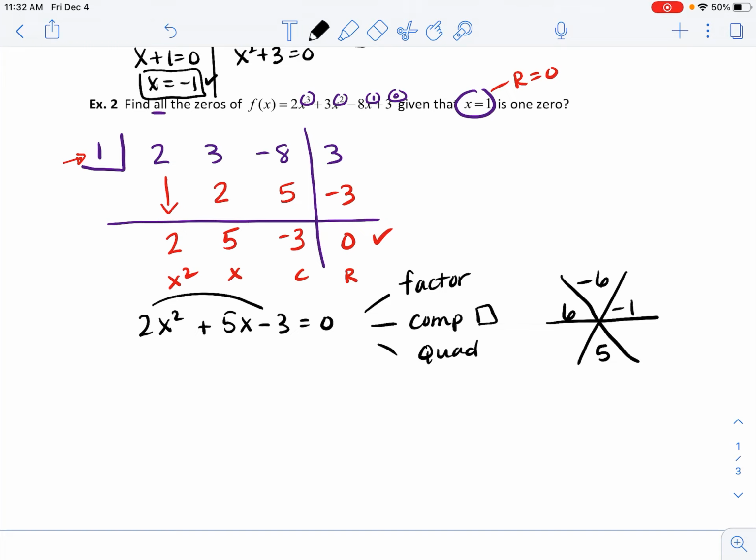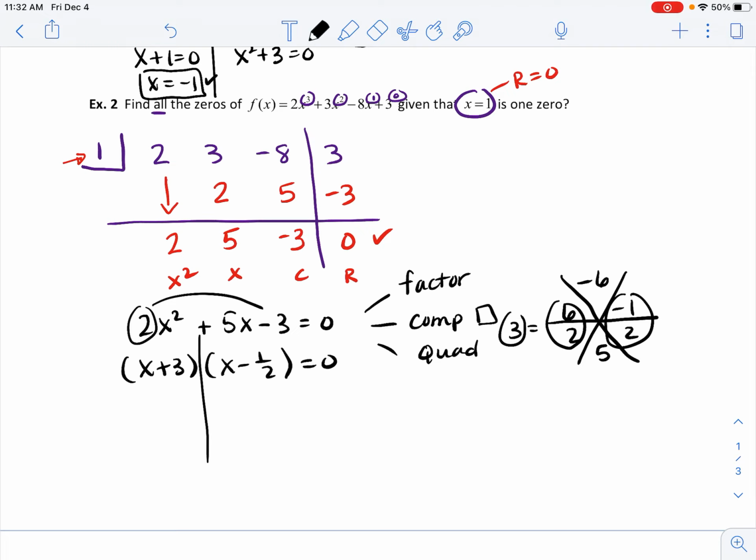Your leading coefficient's 2, so I'm going to divide by 2. This one reduces to a 3, and -1/2 doesn't reduce anymore. So this then factors to (x plus 3)(x minus 1/2) equals 0. Setting both of these equal to 0, you're going to get x equals -3 and x equals 1/2.